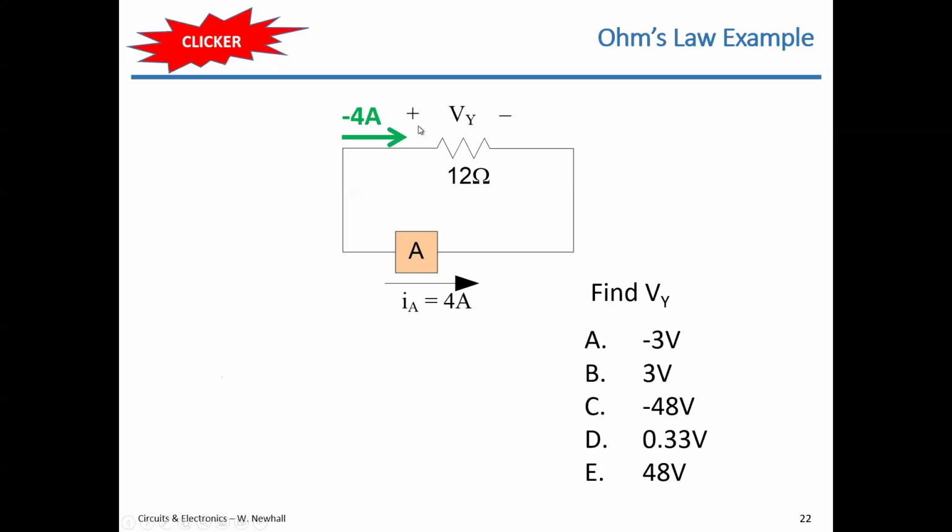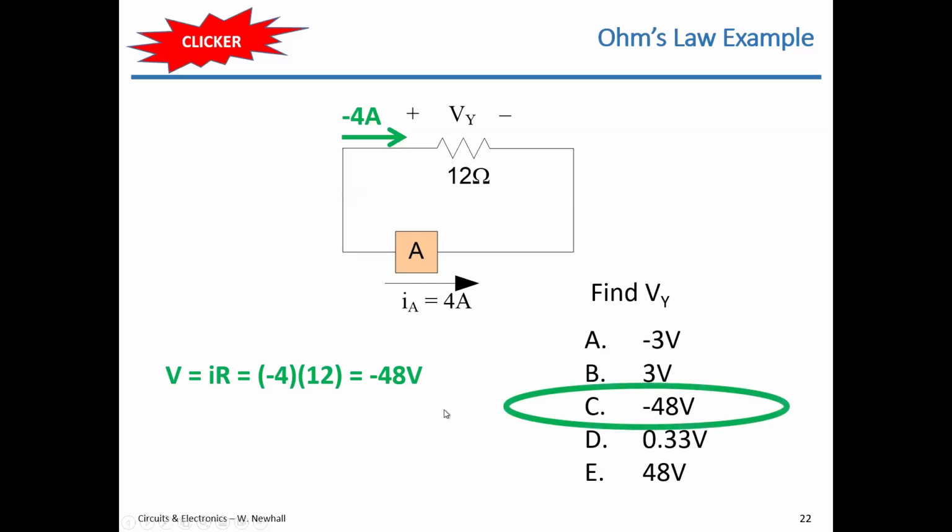That puts my reference direction into the positive side. So now I'm working with negative 4, 12, and VY for my variables in Ohm's law. So V equals IR, negative 4 times 12, you get negative 48.